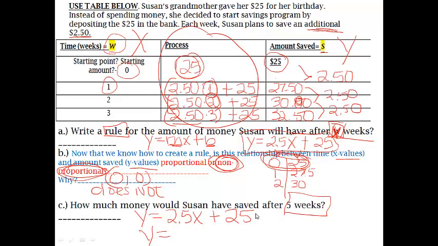Good, my x value, or we could have used w, but it'd be 2.5 times 5 plus 25 is going to give me, and of course order of operations tells me I've got to multiply first. So this would be, pause me and do it by yourself and let's see what you get. Okay, good. You would get $37.50. That's how much you would save in this problem in 5 weeks.